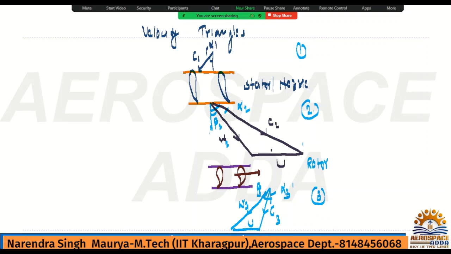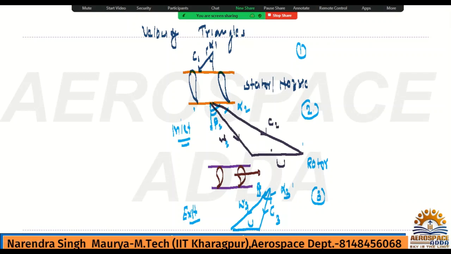So for the rotor, this is the inlet triangle and this is the exit triangle. For us this inlet and exit is important, just as we had seen for the compressor. This is one way to draw the triangle.